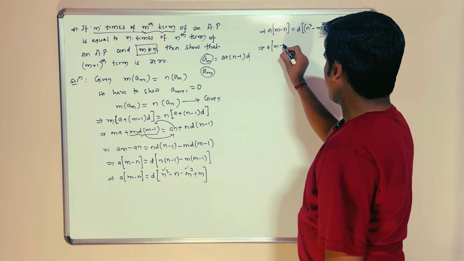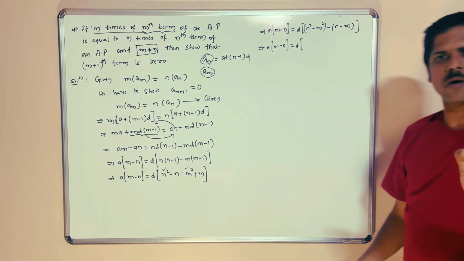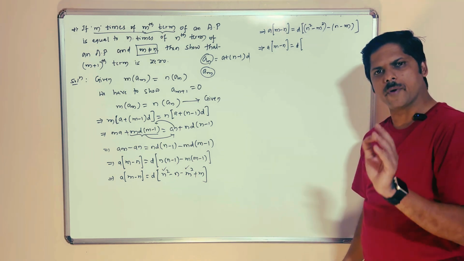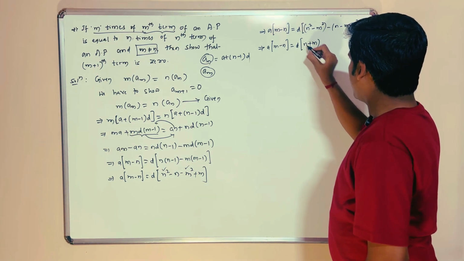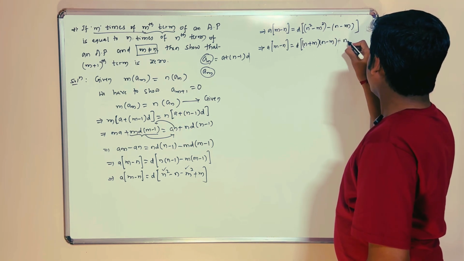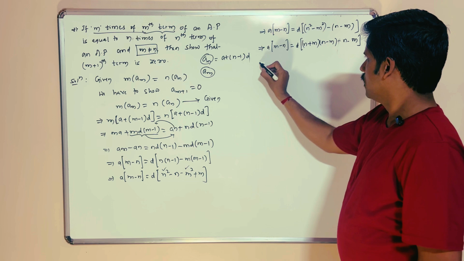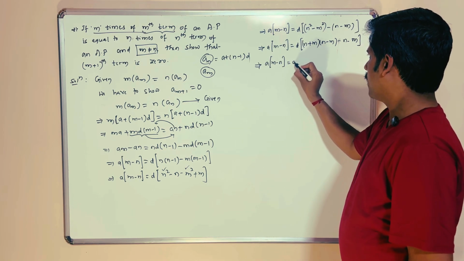Now this LHS is as it is: a into m minus n is equal to d into. This can also be written using the a square minus b square formula, a plus b into a minus b. Then n square minus m square is equal to n plus m into n minus m. See, observe the RHS part. d into.